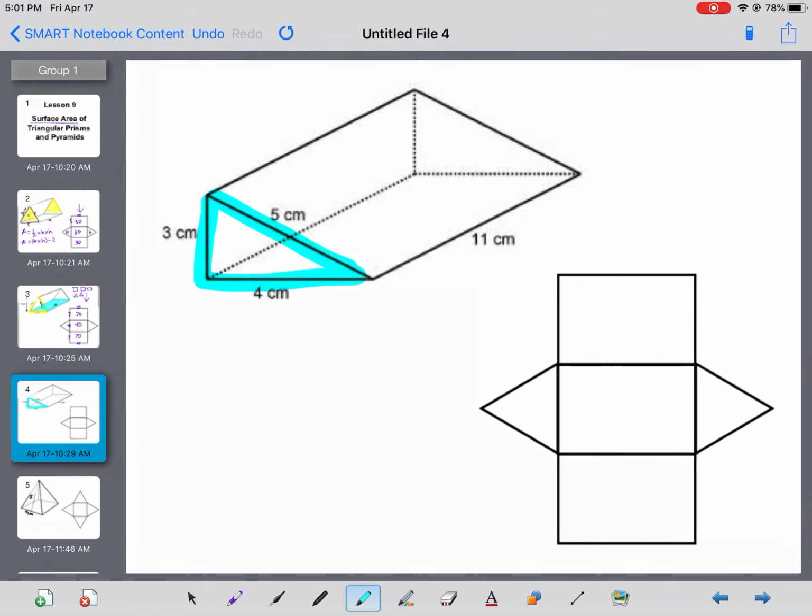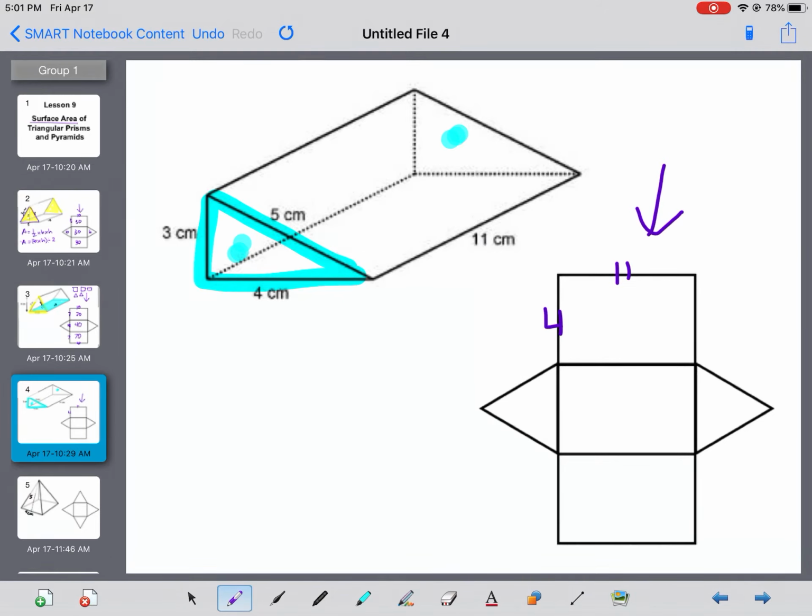You may also have a triangular prism that looks like this one, where all 3 sides of your triangles are different, okay? So you would calculate the area of the triangles, remembering that both triangles are going to be the same. But then because all those side lengths are different, we actually end up with 3 different rectangle sides. So I know that this net is not really that accurate for this triangle. I couldn't find one that looked like an actual net from this triangular prism, so just pretend.